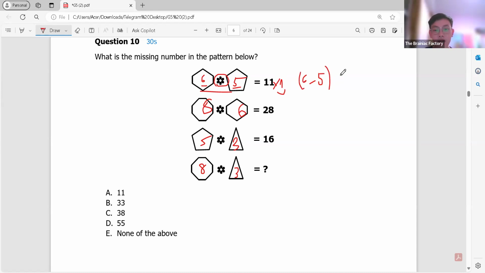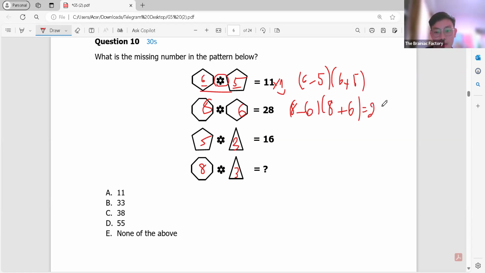So we can assume that the pattern here is going to be like this: 6 minus 5 equal to 1, 6 plus 5 is equal to 11. Let's see if this operation is correct. Let's apply it on the other patterns. The second pattern, we have 8 minus 6 and 8 plus 6.